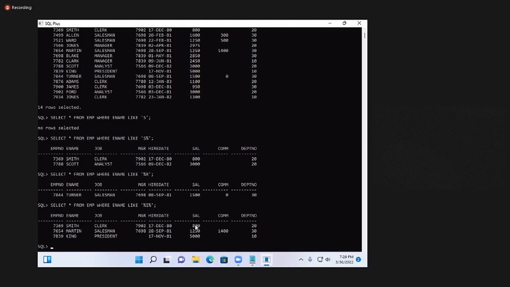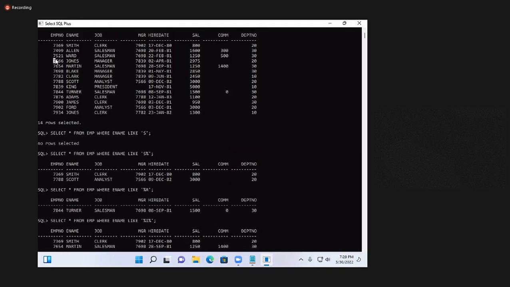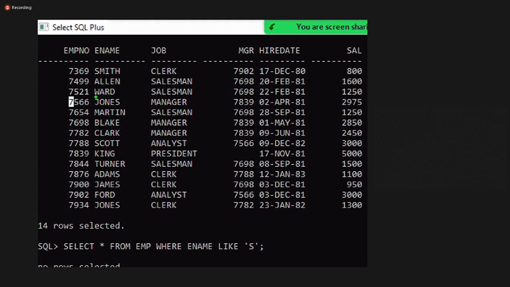In your table, just come back and check how many people's names have 4 characters. One is King. One is Ford. So Ford, King, and what? These are the people having 4 characters in their names.